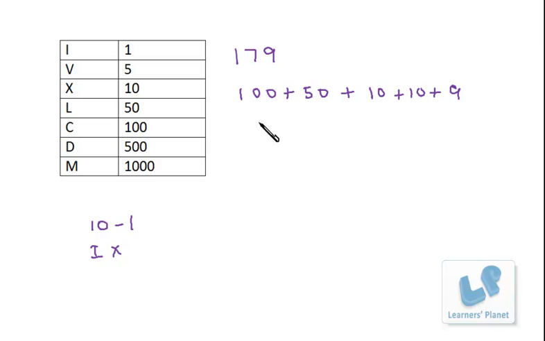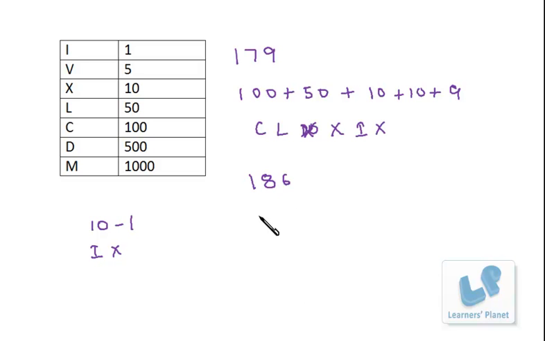Okay, so let's put the value over here. 100 is C, 50 is L, 10 is X, then it's X, then it is X, and 9 is IX. Okay, so it's CLXXIX. Now let's write 186.